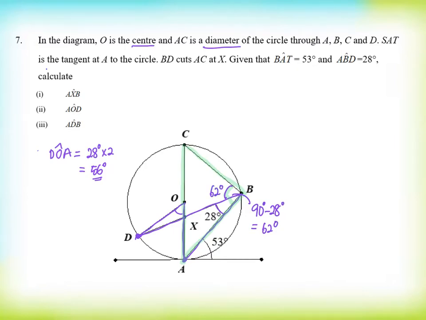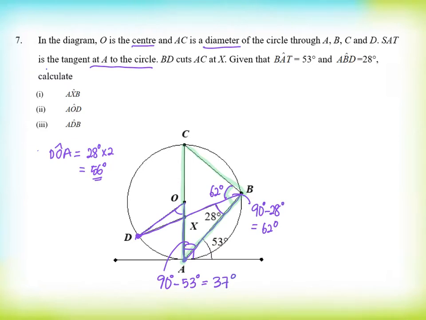And then they tell us that A is the tangent to the circle. That means we will have a 90 degrees over here. And this angle over here can be found to be 90 degrees minus 53 and gives us 37.